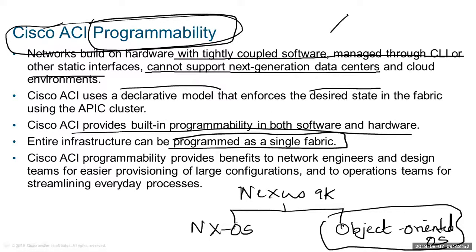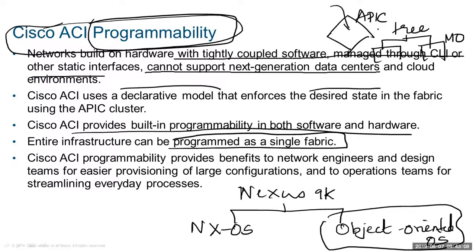Why? Because the APIC has a tree and everything falls within this tree as a managed object. So you're basically within a GUI configuring an interface 1/5 on leaf 3. This managed object has its own distinguished name.